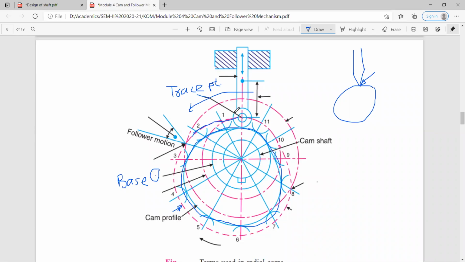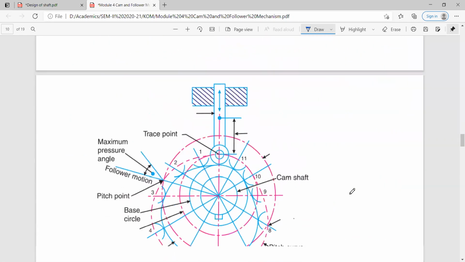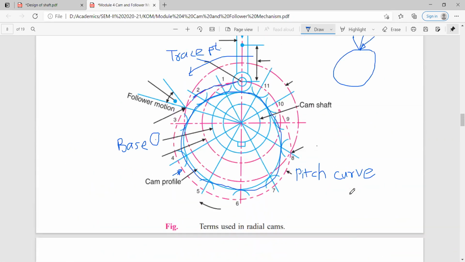Here you can see this particular curve is your pitch curve. Are you understanding what a pitch curve is? Yes. Okay.